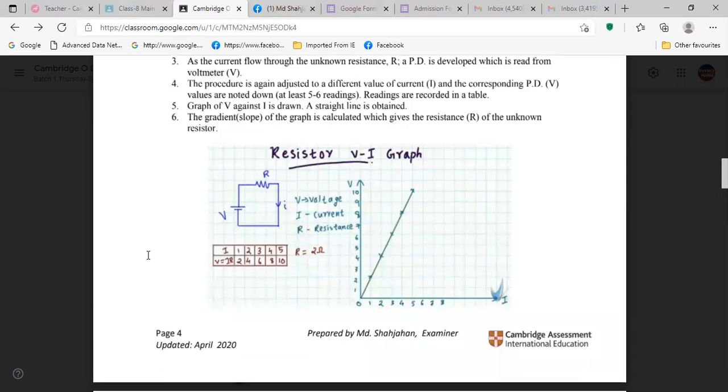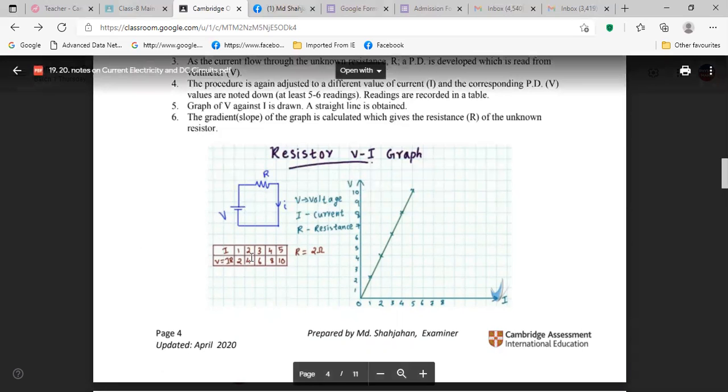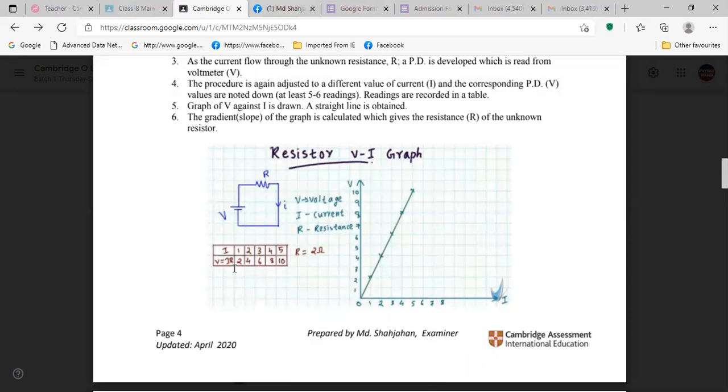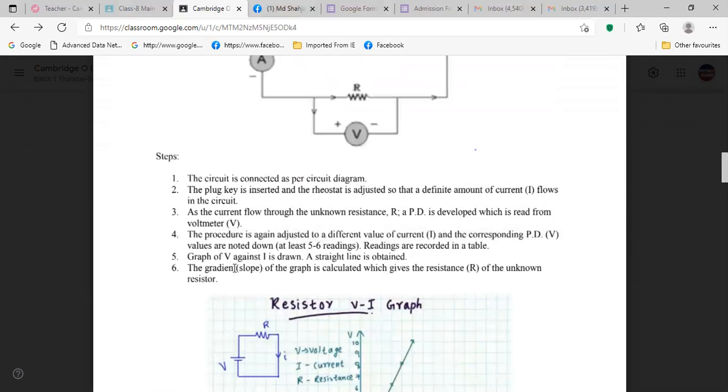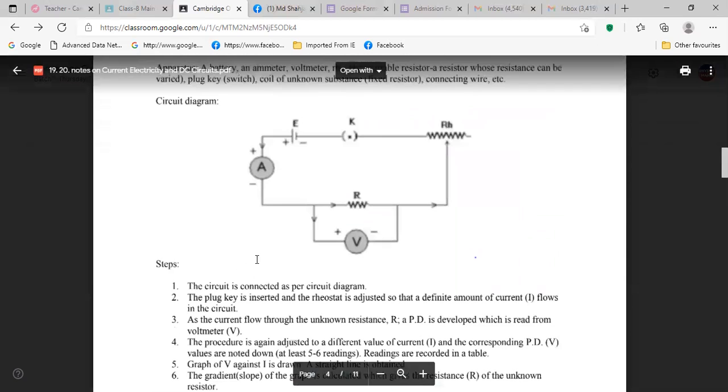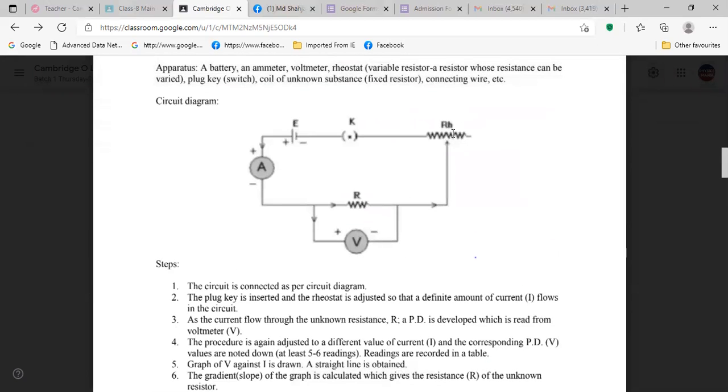We had 5 readings. For V, we got 2, 4, 6, 8, 10 volts. We varied it by changing the resistance of the rheostat. We can slide it left to right.